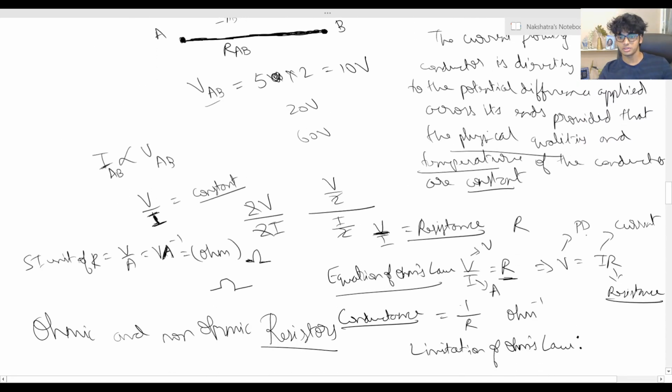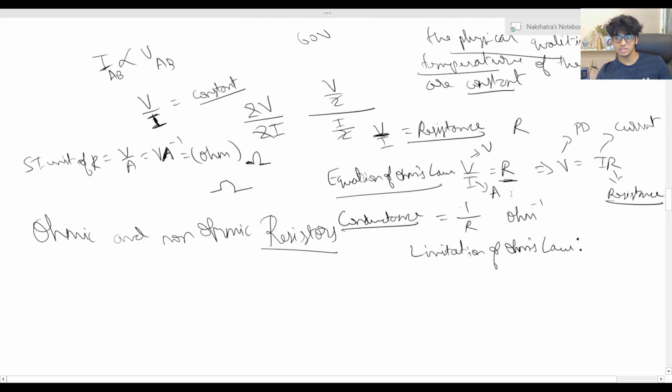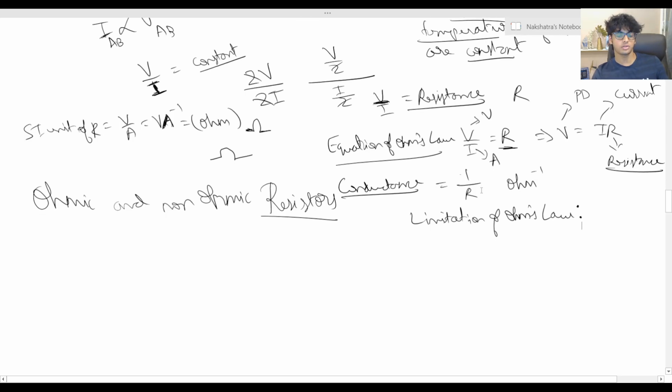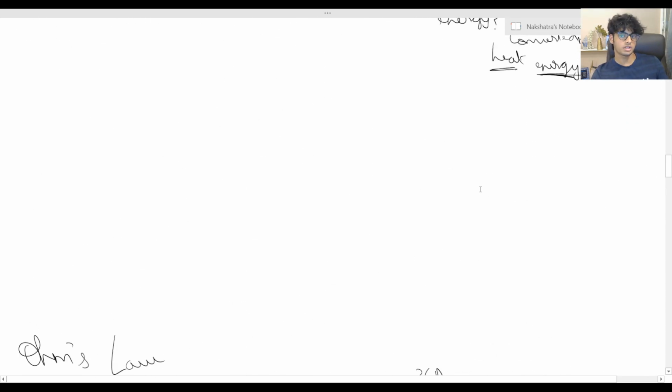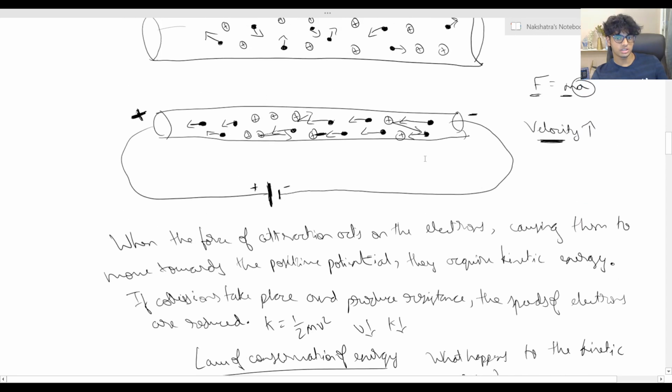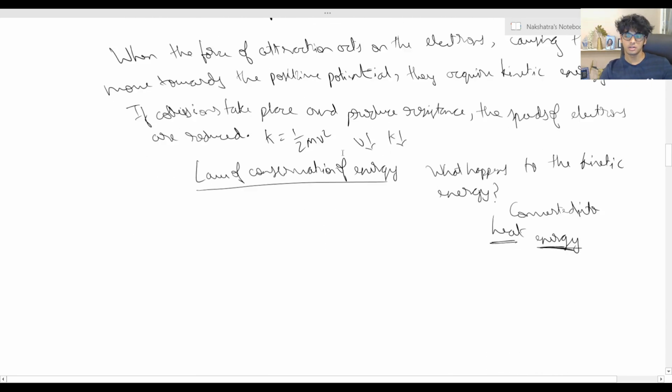Look at the definition once. Provided that the physical qualities and temperature of the conductor are constant. Okay, physical qualities and temperature of the conductor are constant. And we read above in resistance that heat is produced, whenever there is resistance there will be heat.